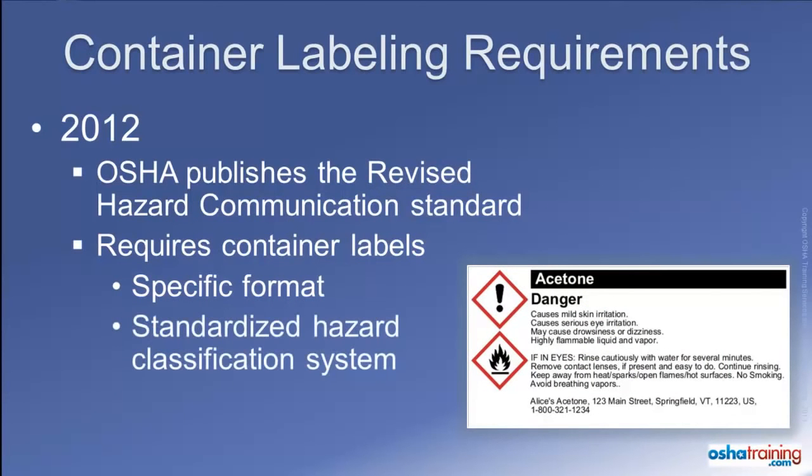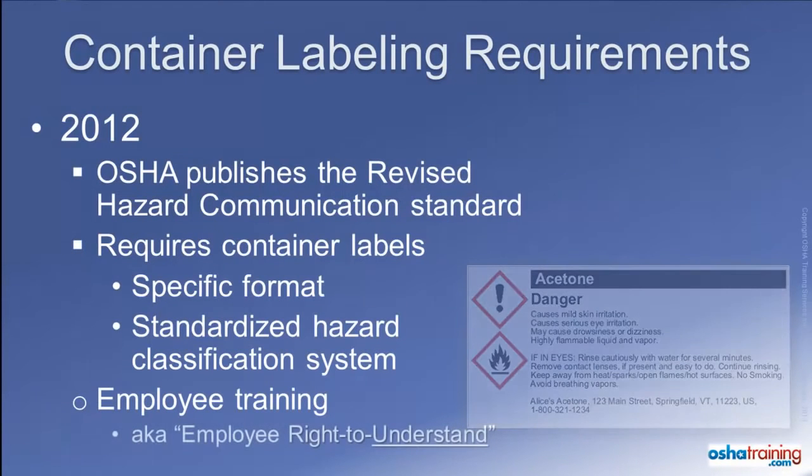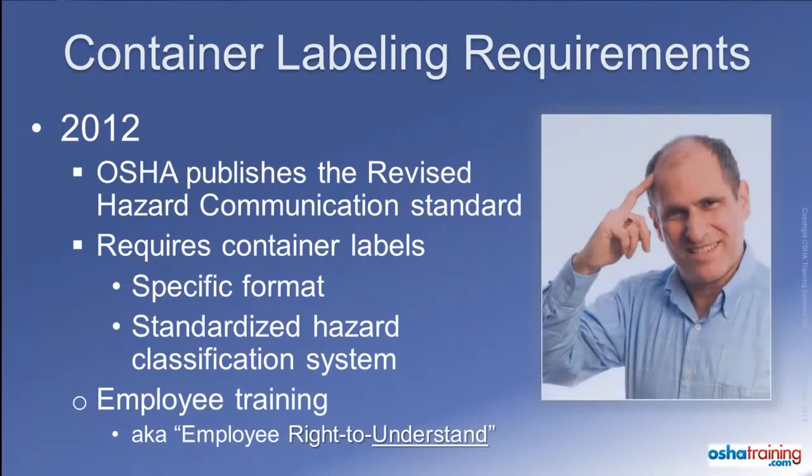And there is a standardized hazard classification system that must be utilized on container labels to convey information about the physical and health-related hazards associated with that product. The HazCom standard also requires employers to train their employees on how to read and understand the new GHS Labeling System. So the standard changed from Employee Right to Know to Employee Right to Understand.